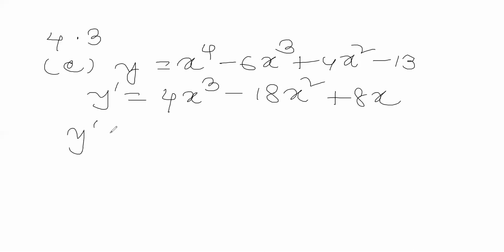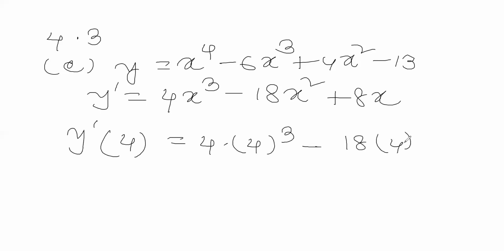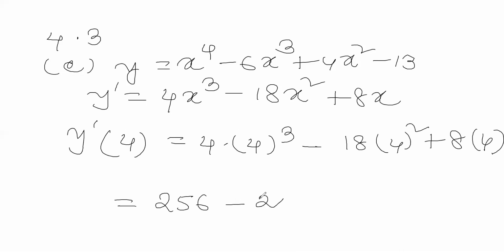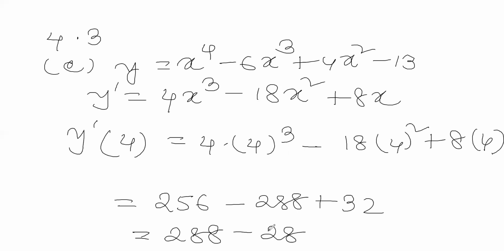And if it is replaced with a value 4, then we get 4 into 4 cubed minus 18 into 4 squared plus 8 into 4, which ultimately provides us with 256 minus 288 plus 32, which is equal to 0.